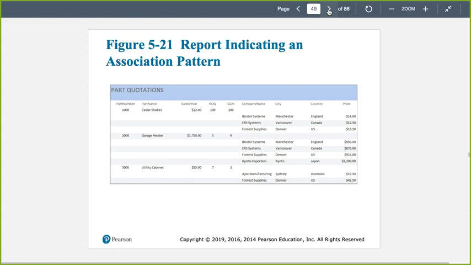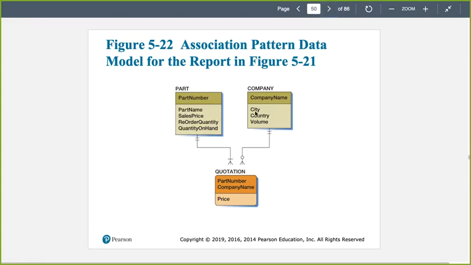You see that for the record, the part number has multiple company names and multiple cities, multiple countries. So the company vendors offer these parts. There are multiple vendors offering the same parts, and that's called a multi-value association pattern. And this is not the one we saw previously. This one is called the association pattern.